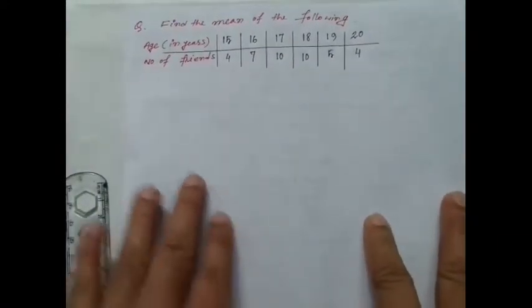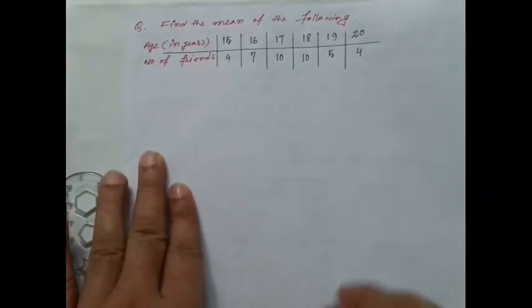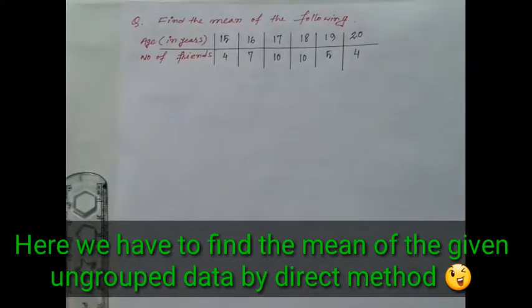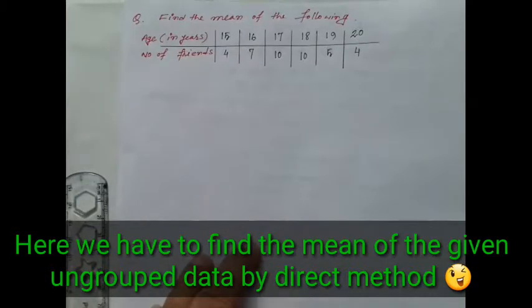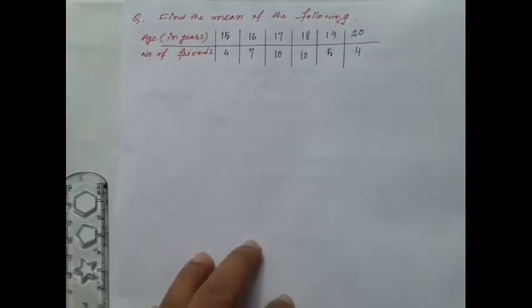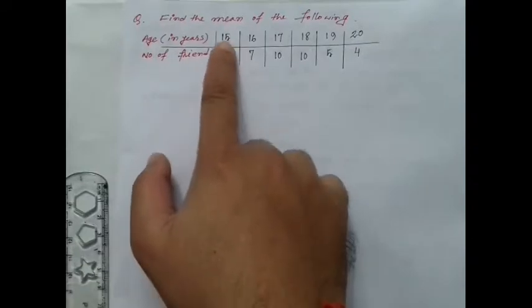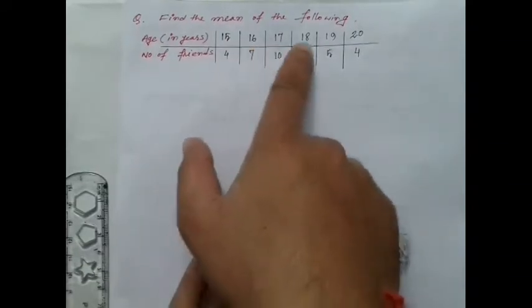Now we have the following problem. Here we will use the direct method that I have shown you, summation fi xi by summation fi. Age in years is given: 15, 16, 17, 18, 19, and 20 years. And the number of friends means four 15s are there, seven 16s are there, and so on.